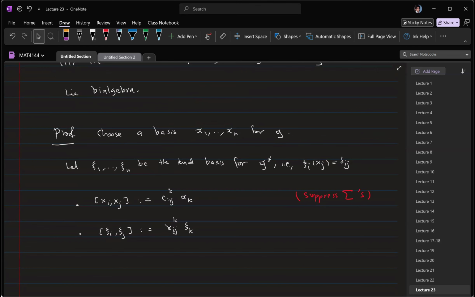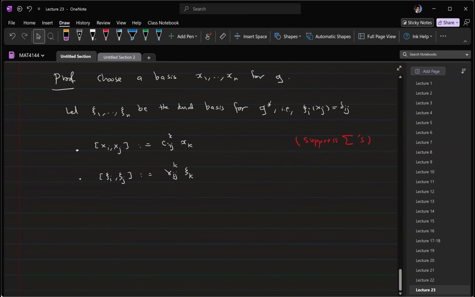The only thing I have to define is what the bracket of c sub r with x s is. So we need to define these brackets.